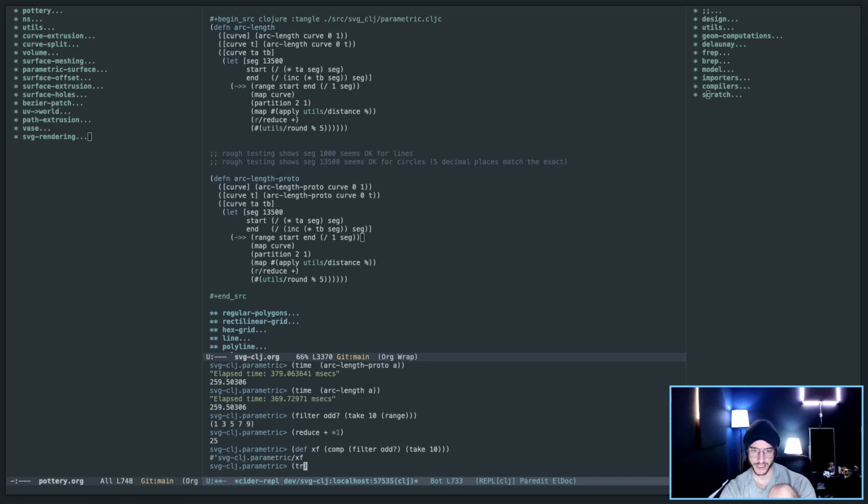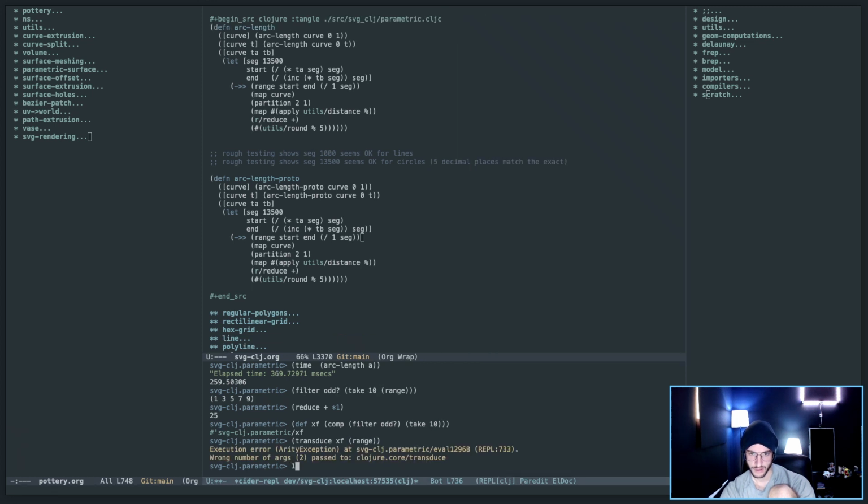Yeah, so if I transduce xf on range, wrong number of args, 2 passed to transduce. How many arguments are required? Transform, and then the function, then the collection.